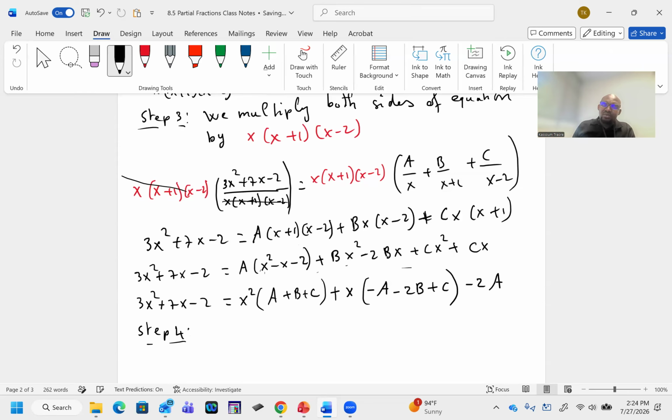Step 4, we now equate coefficients of x squared, x to the power of 1, and the constant, which is considered like x to the power of 0, on both sides.